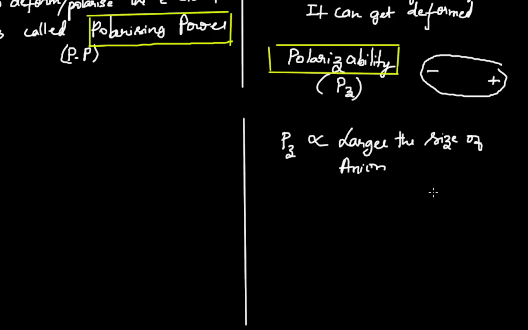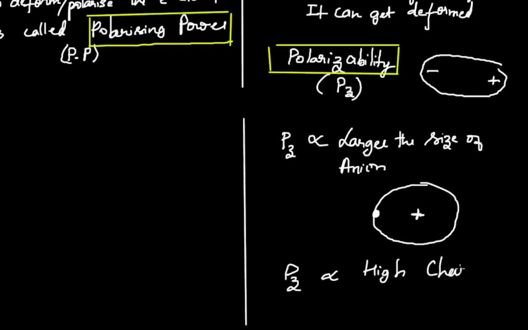Why is it like that? A simple everyday analogy: suppose the nucleus is here, as if I am here, and my mobile is very near to me. Can a thief steal it? No. Suppose my mobile is further away from me. Then a thief can easily steal it and run away, and I will not be able to catch it. So polarizability is directly proportional to the size of the anion. Polarizability is also directly proportional to high charge. The more mobiles I have, the easier it is for him to steal one of them and run away.